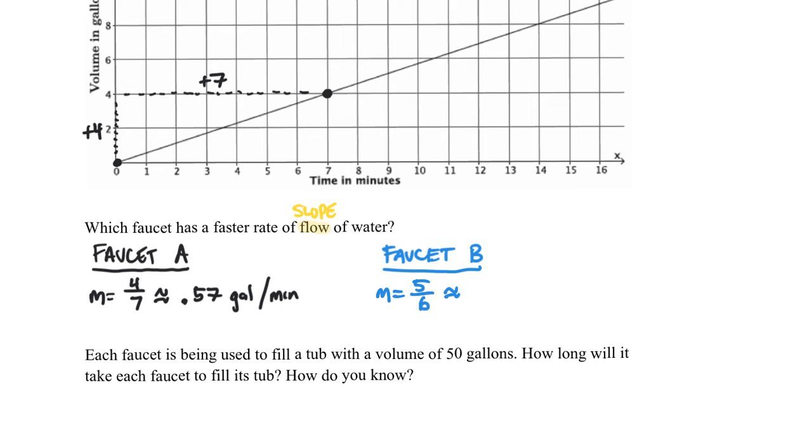It's hard to compare 4/7 to 5/6, but if we change it into a decimal, it's pretty easy to compare. So that would be 0.83. So this one would be approximately 0.83 gallons per minute. So obviously, faucet B has the faster rate, and you supported that with the math.